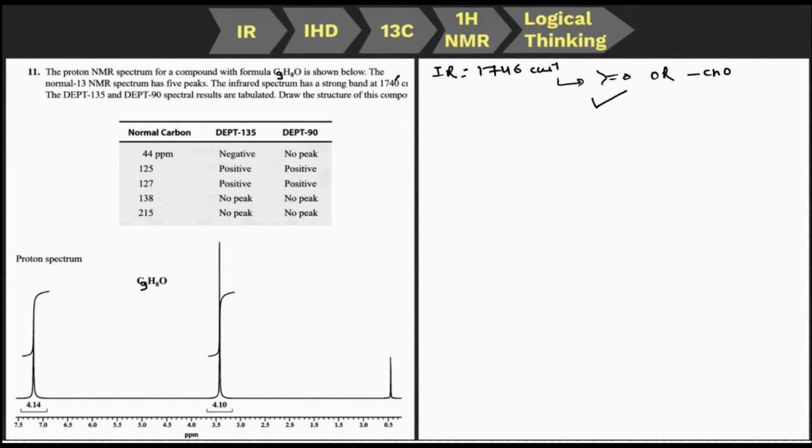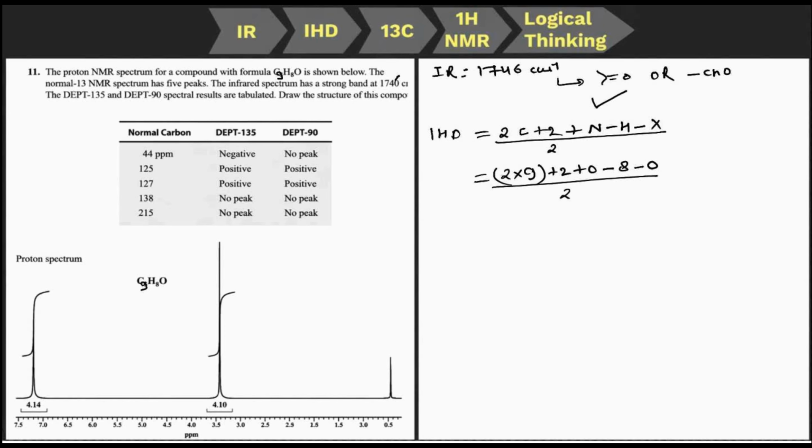Now let's calculate the index of hydrogen deficiency. It is 2C plus 2 plus number of nitrogen minus number of hydrogen minus halogens, divided by 2. So the value will be 2 multiplied by 9 plus 2 plus 0 minus 8 hydrogen, 0 halogen, divided by 2. So the degree of unsaturation is 6.